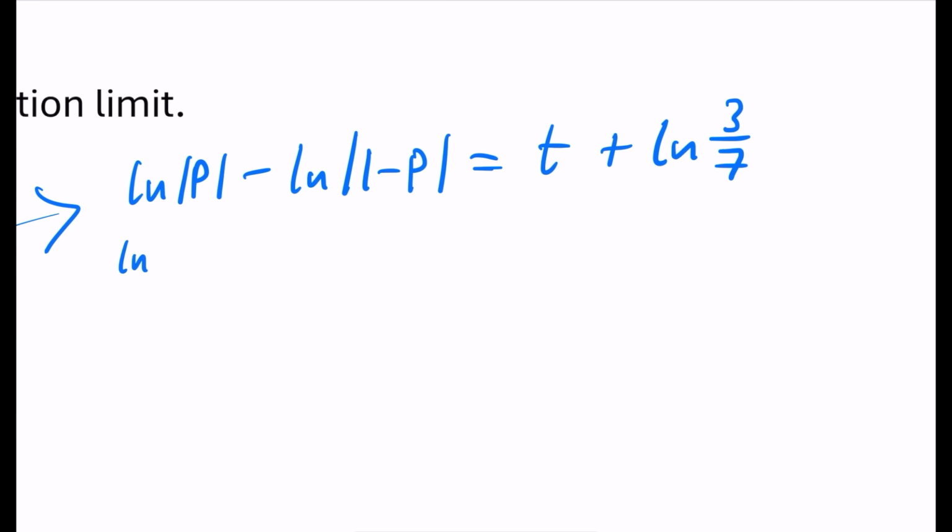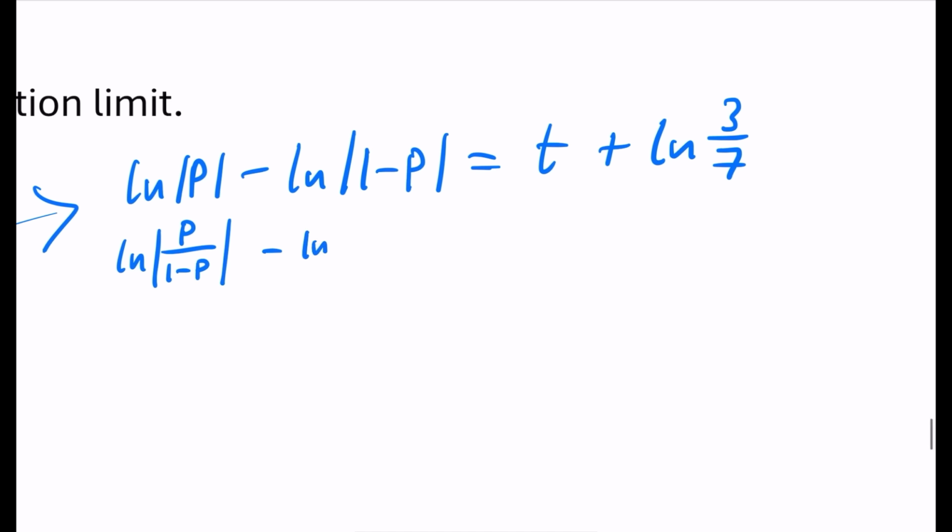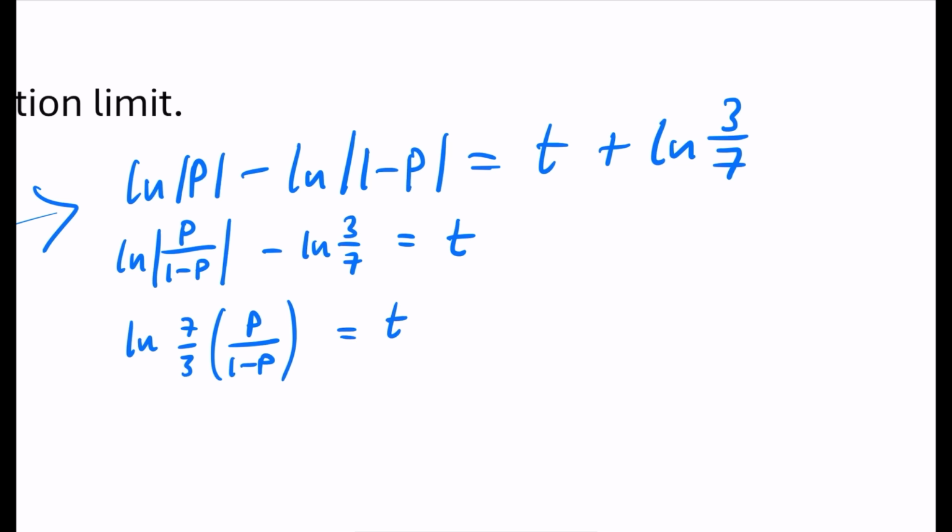So ln of p minus ln of 1 minus p, that's just going to be ln of p over 1 minus p. And I'm subtracting an ln of 3/7 is equal to t. Now subtracting ln of 3/7 means dividing this by 3/7, which is the same thing as multiplying it by 7 over 3. So it's ln of 7 over 3, p over 1 minus p, is equal to t.